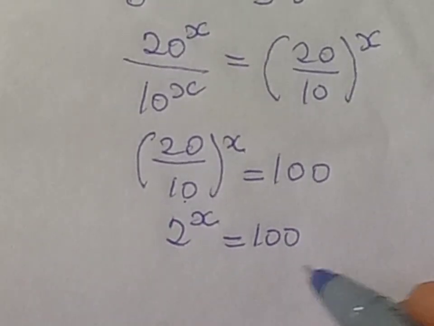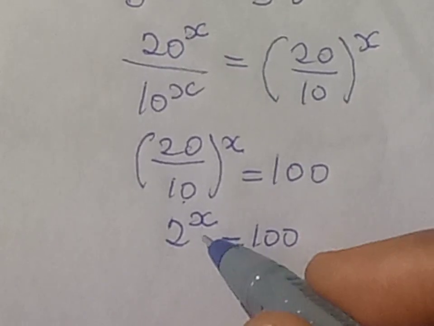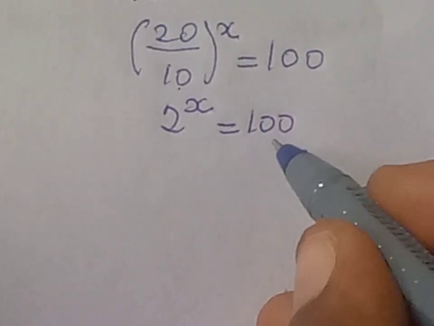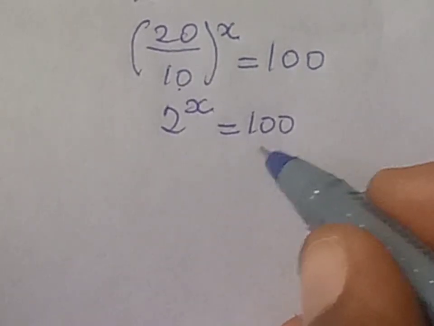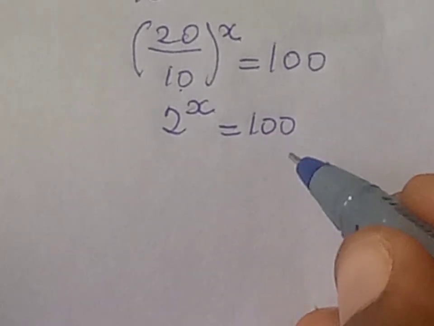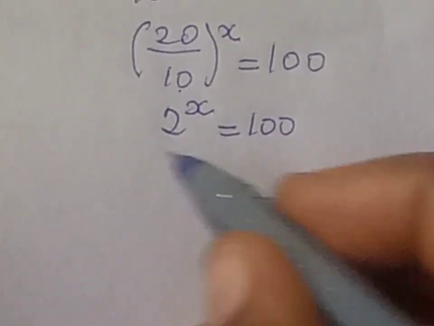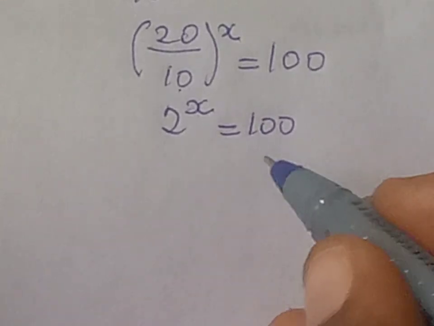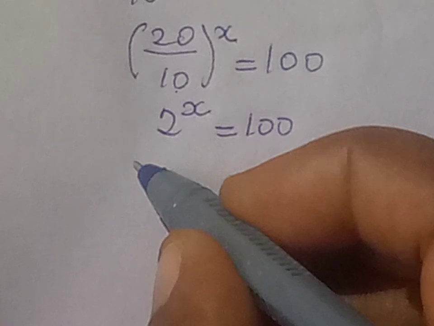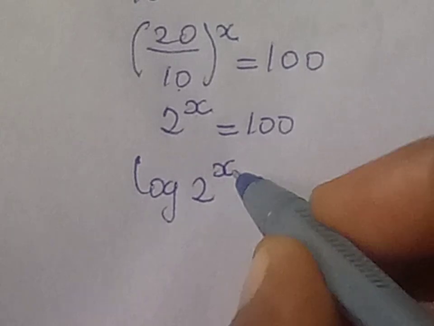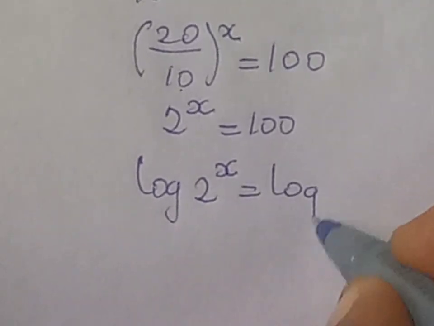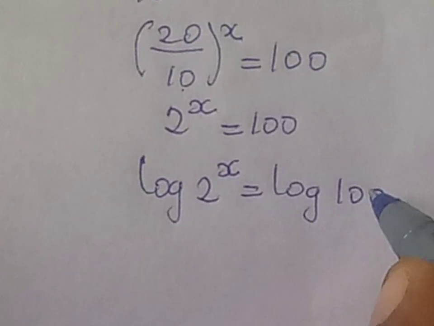The next thing is, let's solve for x. Note that 100 is not an exact power of 2. So we are going to be using logarithms. Let's take the logarithms of both sides, which gives us log 2^x equals log 100.